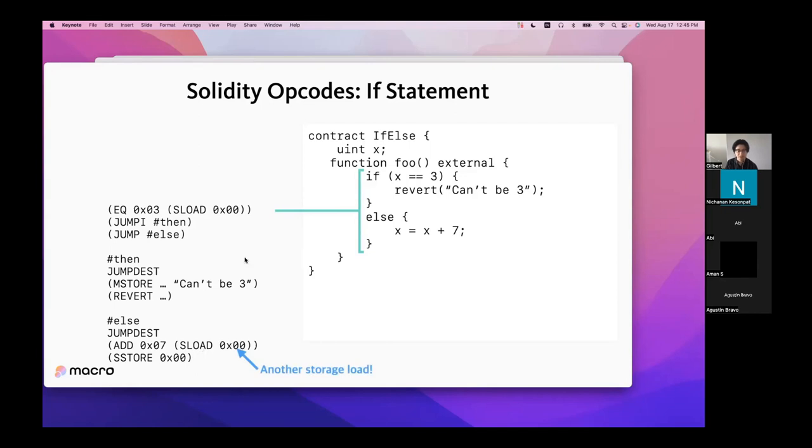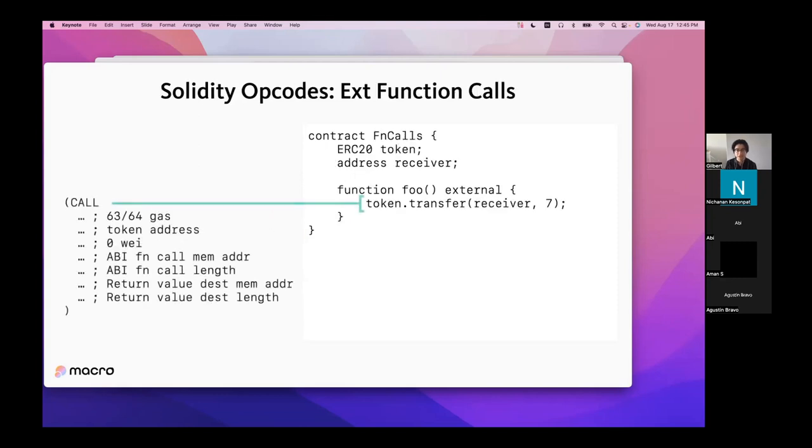One interesting thing to note is that external function calls use the call opcode. There's actually 3 opcodes. There's call, there is delegate call, and there is static call. They're all external function calls, but they all work slightly different.